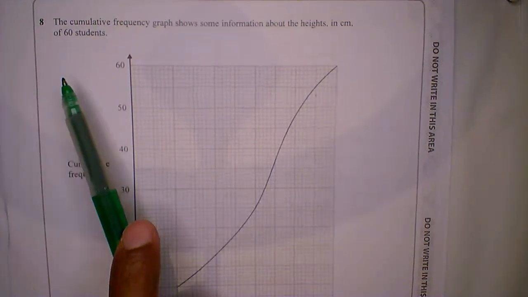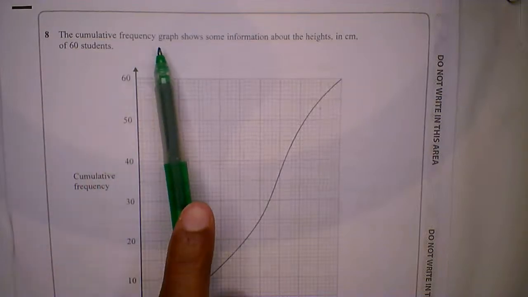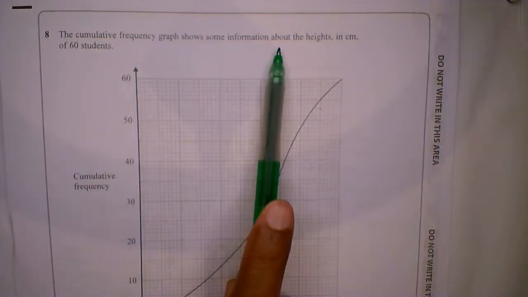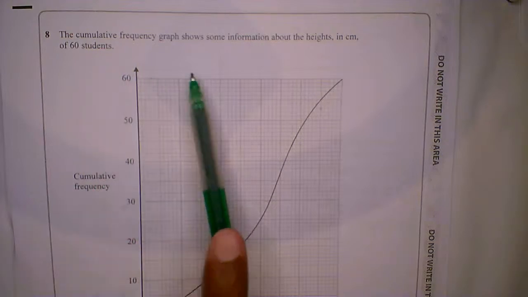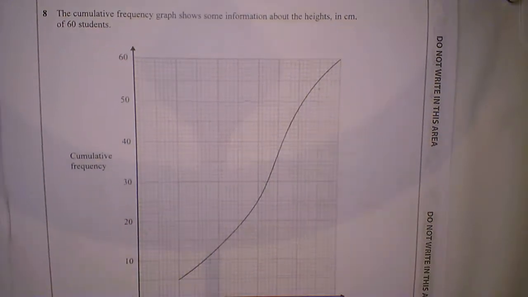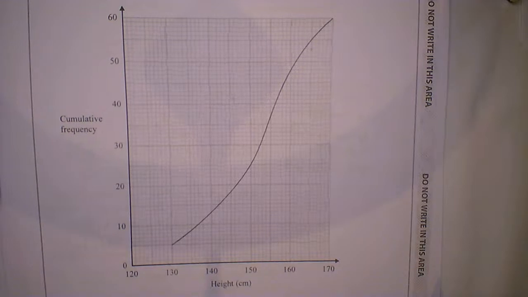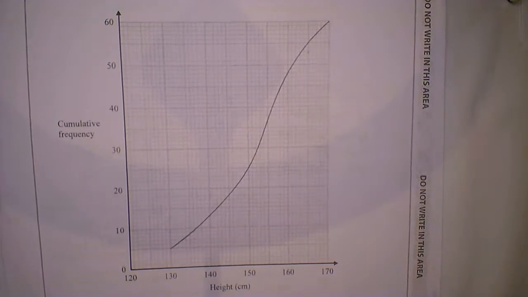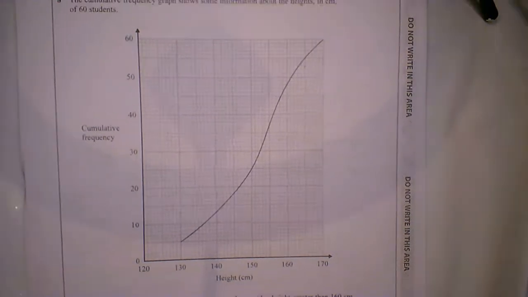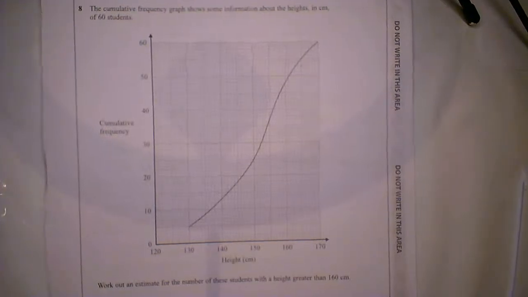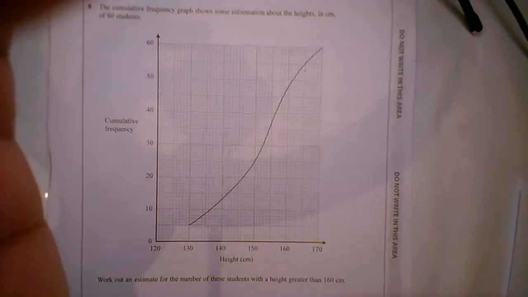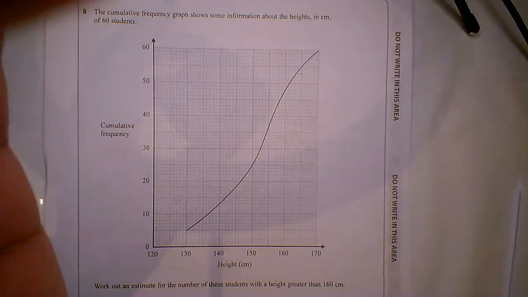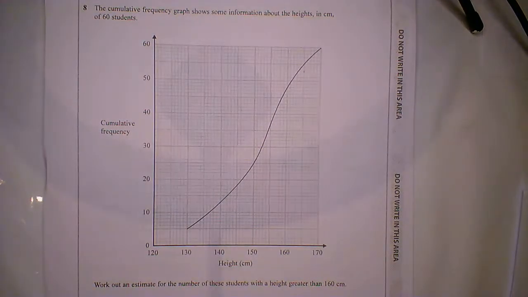So question 8. The cumulative frequency graph shows some information about the heights in centimeters of 60 students. So you can see 60 is there and it goes up to 60. I think this is a bit more focused.